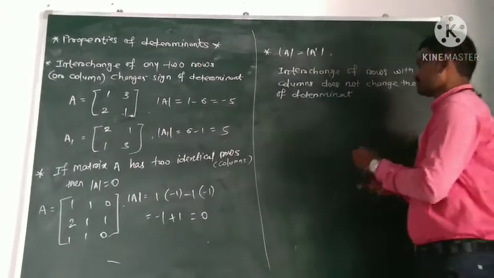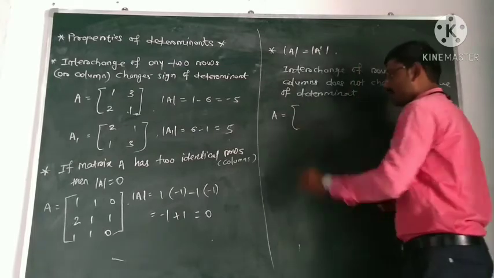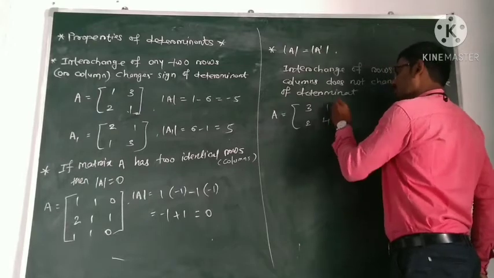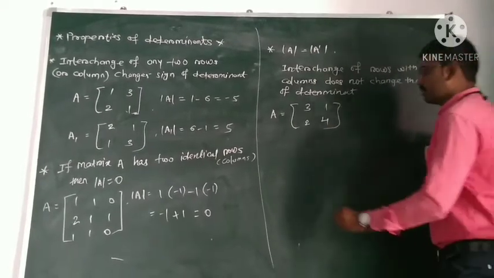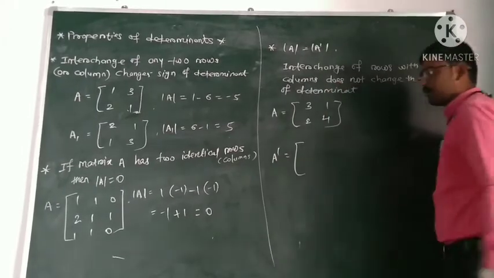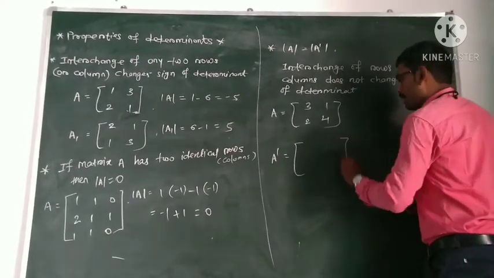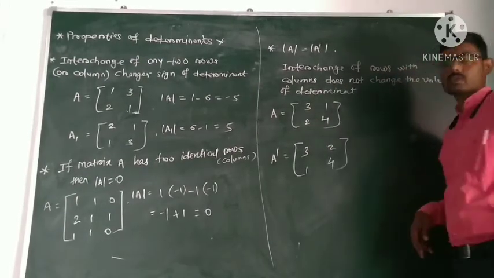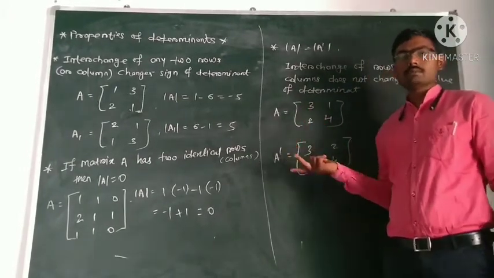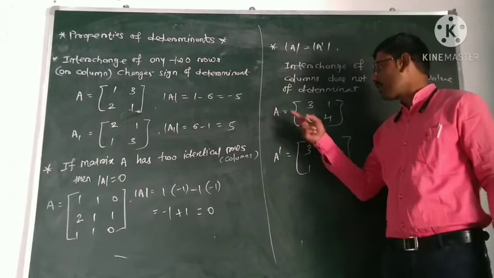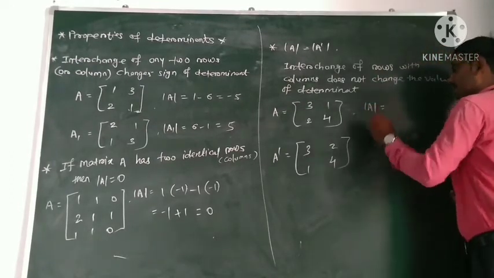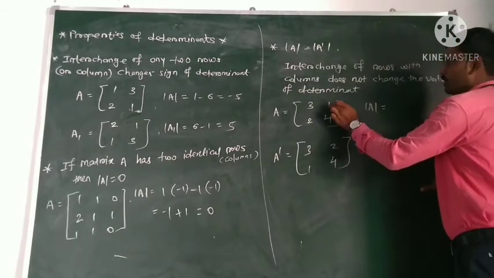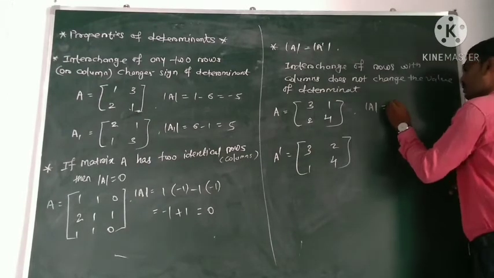Okay. For example, consider the matrix A equal to first row 3 1, second row 2 4. Now interchange the rows with columns, that is, take the transpose of the matrix. So the first row becomes the first column, and the second row becomes the second column. Now the determinant of A is equal to 3 into 4 is 12 minus 2 into 1, so 12 minus 2 is equal to 10.